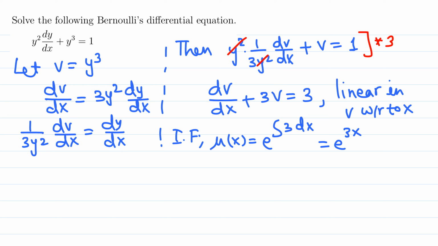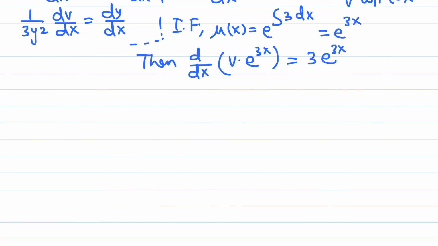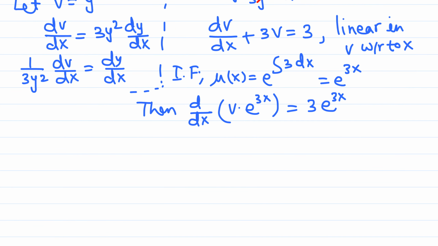Now when we multiply both sides of this linear differential equation by the integrating factor, it transforms into the derivative of the dependent variable v times the integrating factor equals 3 times e raised to 3x, since we multiply both sides. The left hand side is automatically this, and the right hand side is 3 e raised to 3x. Okay, if you are not getting this step, then you have to review linear ODEs first.